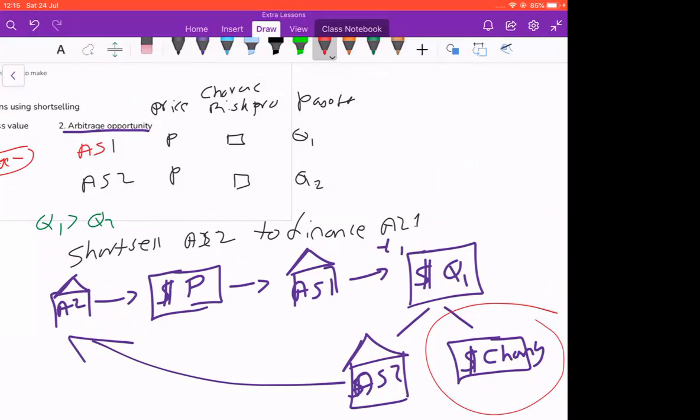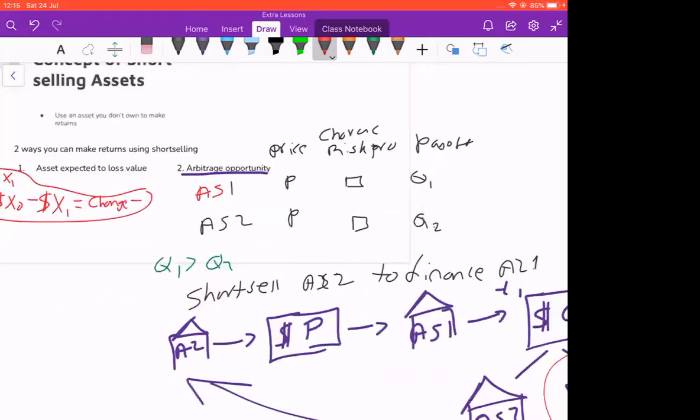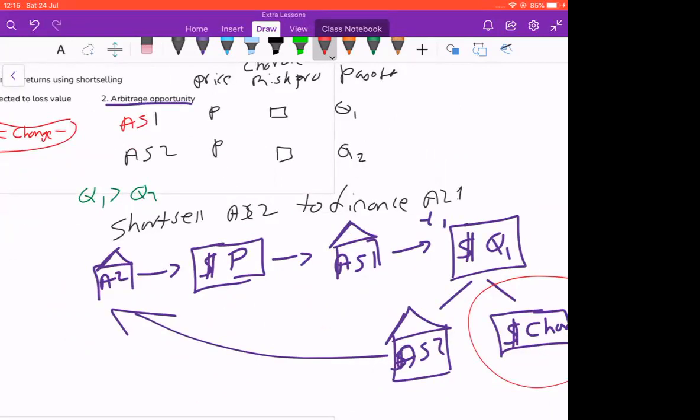We can learn more about it later on, but this is just an introduction to short selling. I just want you to be aware of how you take advantage of short selling in this chapter. In this case, we were looking at payoff. Most of the time, they will look at prices. So if the prices are different, you are going to short sell the one which is expensive to finance the cheaper one. So anyway, we can move on.